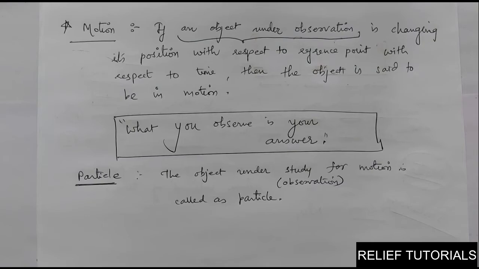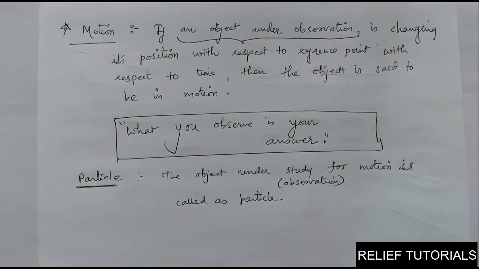So what do you mean by particle? Particle in physics means the object under study of motion. In terms of chemistry, particle means the small sized substance of a matter. But here in physics, the object under study for motion is called as particle. Is that clear?